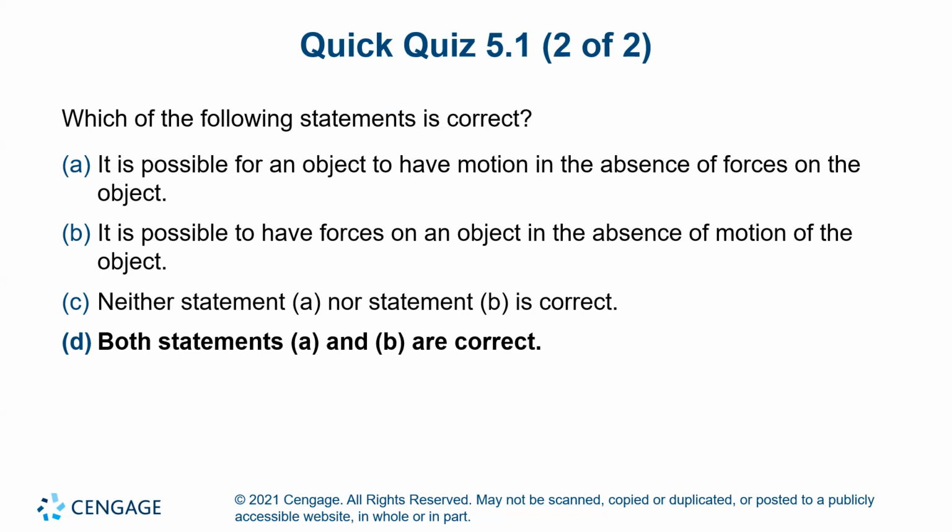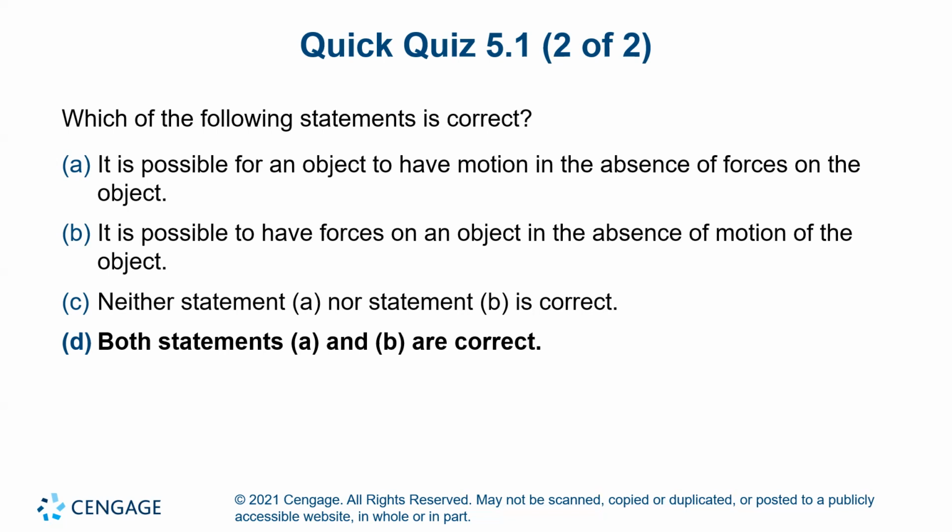Choice A is true. Newton's first law tells us that motion requires no force. An object in motion continues to move at constant velocity in the absence of an external force. When you see an object that is moving at constant velocity, it is possible that the net force on that object is zero.